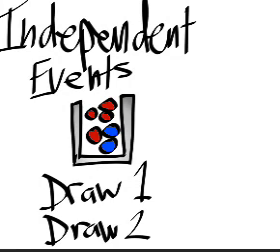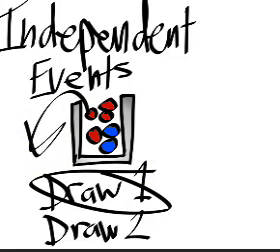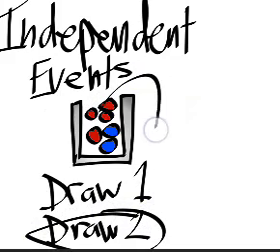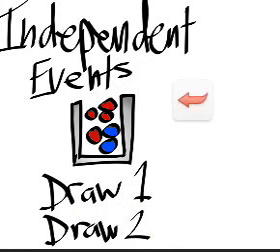Okay, you have 1, 2, 3, 4, 5, 6 marbles in total. So there's 6 different outcomes that can happen when you're choosing marbles. Okay? Independent events. Draw 1, you take 1 out and put it back. Draw 2, you take 1 out, put it back. Okay? Independent events. Simple.